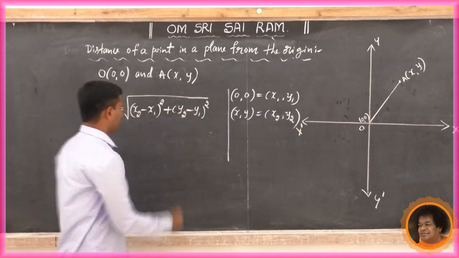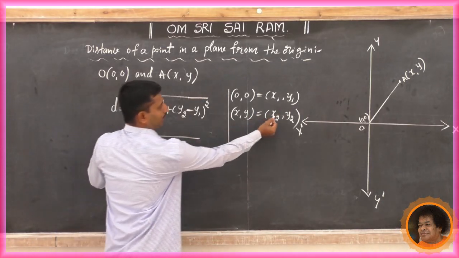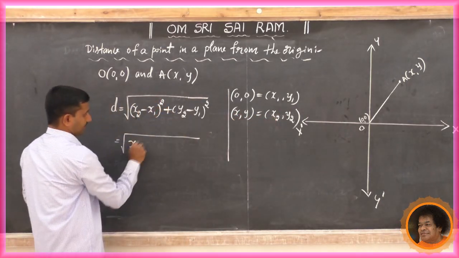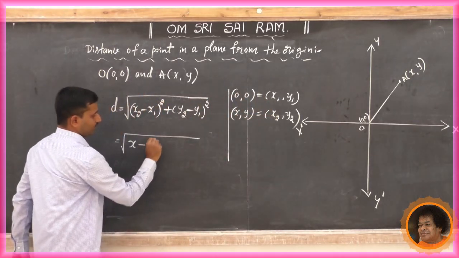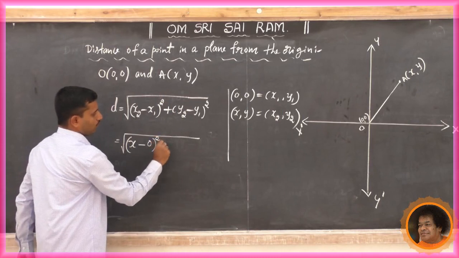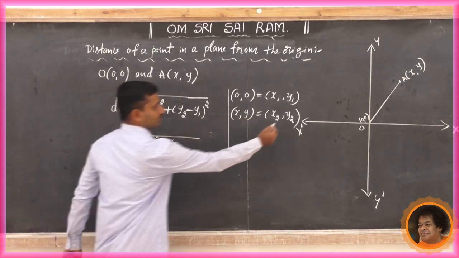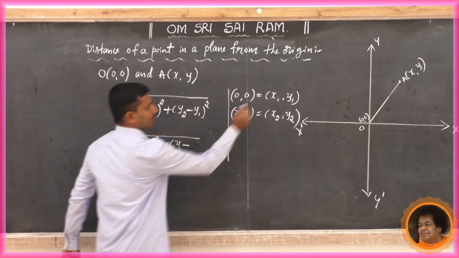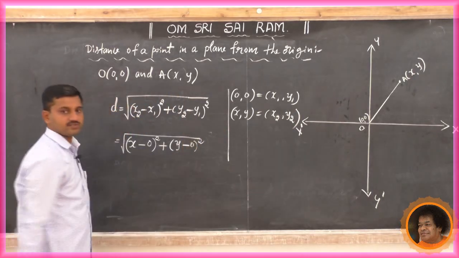Now substitute the values in the distance formula. x2 is x, minus x1 value 0. So (x minus 0) whole square plus (y2 minus y1) whole square. The value of y2 is y, minus y1 which is 0, so (y minus 0) whole square.